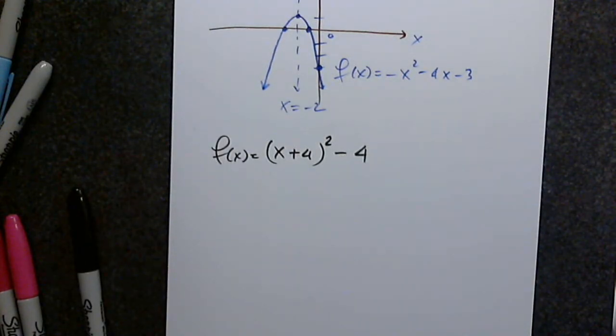Well, this function has no secrets. Why? Because I know transformations. What is the base function here? X squared is the base function. Where do I shift it now? To the left 4, and then what do I do now?